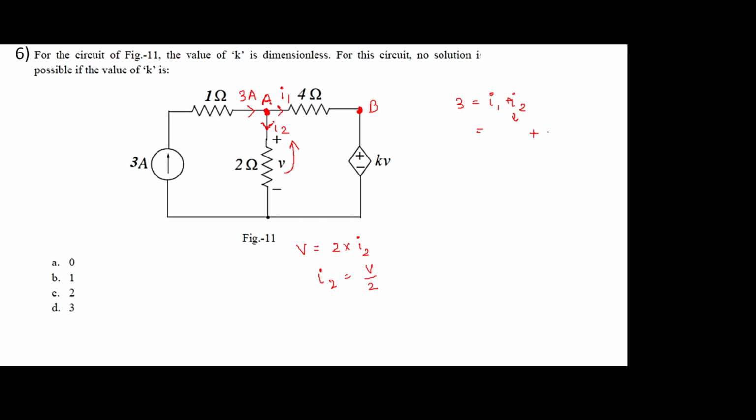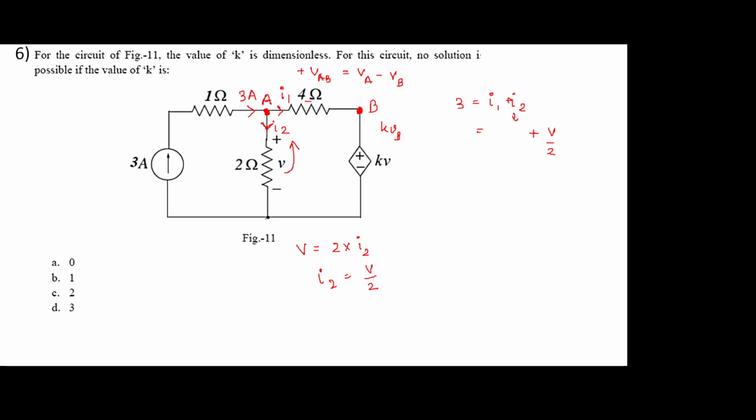Now current across this resistor will be the voltage difference across this resistor, that is VAB by 4, right? The voltage AB will be equal to voltage at A minus voltage at B. So voltage at A is given as V.